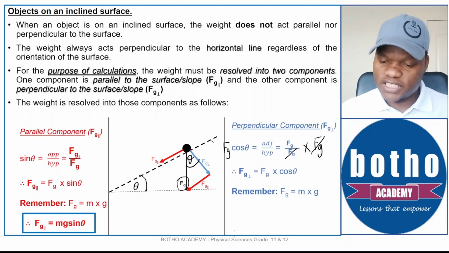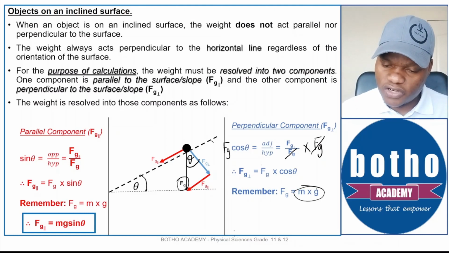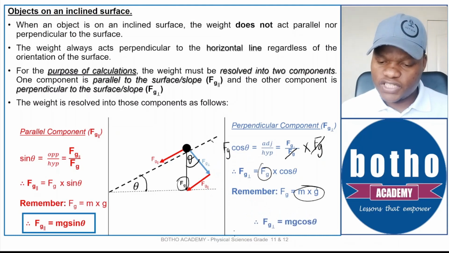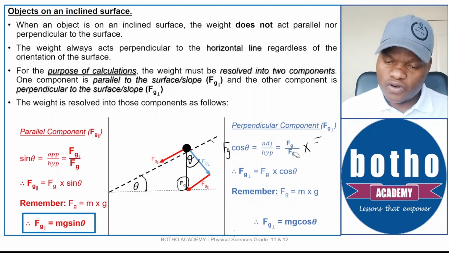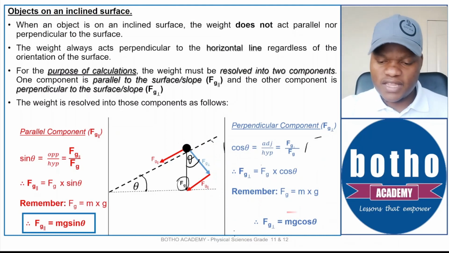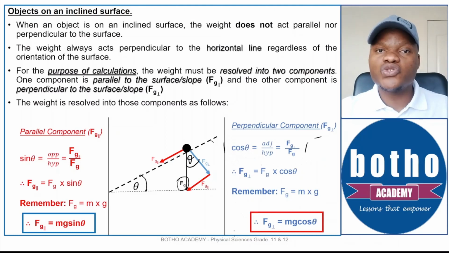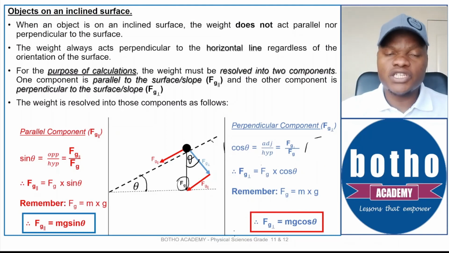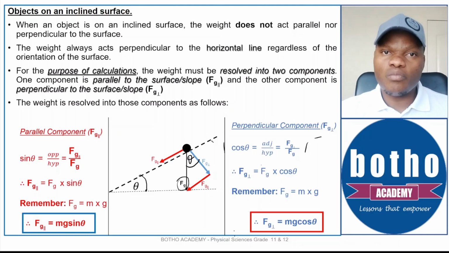Now mg can be substituted into this, and then we get the formula FG perpendicular is equal to mg cos theta, and that's the formula that we are going to use from now on with regards to the calculation of the perpendicular component of the weight.